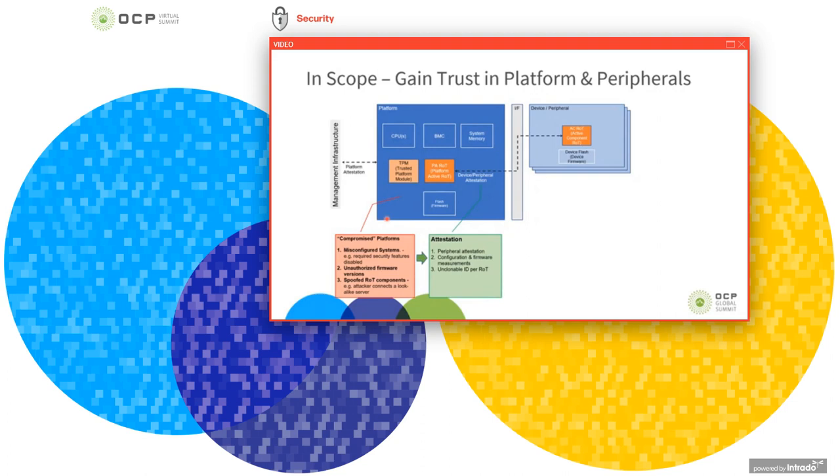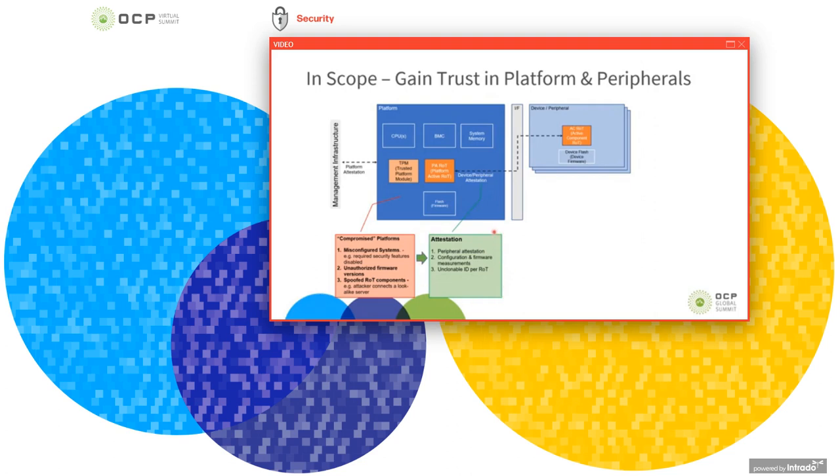Or even at the worst case, someone has tried to connect a different server to your infrastructure that either has a lookalike ROT component or something or doesn't even have it, how do you detect it and disallow a system like that to operate? So the answer to that is in the attestation spec.